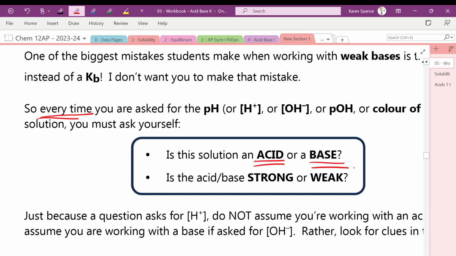We'll throw in another option later, which is also a salt, but we're not going to get there yet. Is the acid or base strong or is it weak? If it is strong, what do you use? You use stoichiometry. If it's weak, you use rice and the appropriate K, Ka or Kb, depending on which one is appropriate.